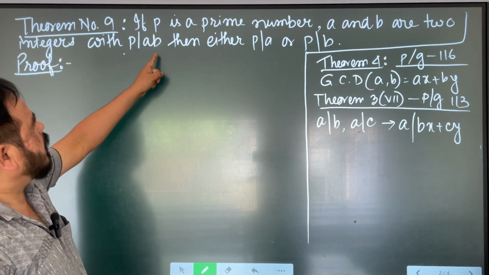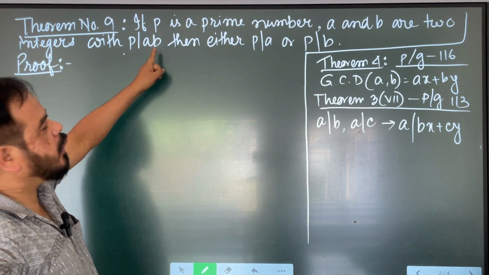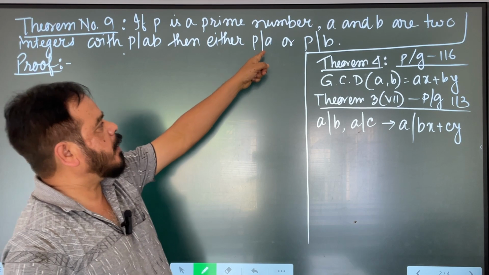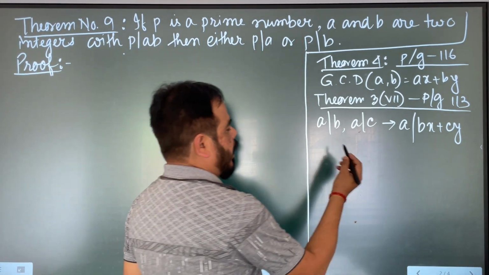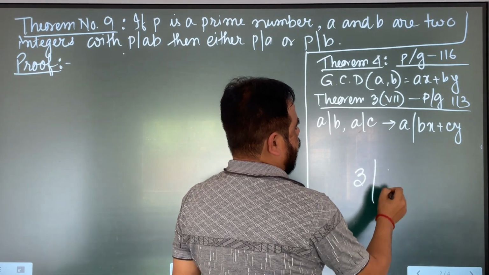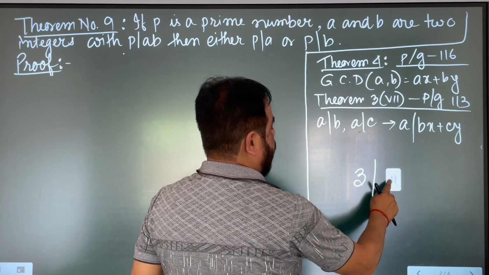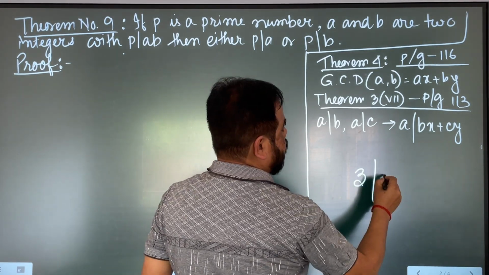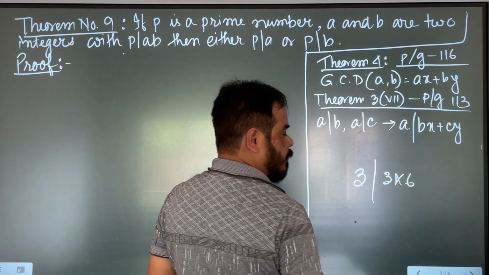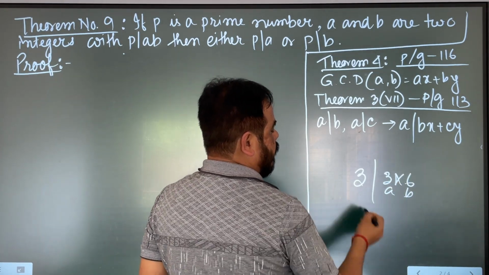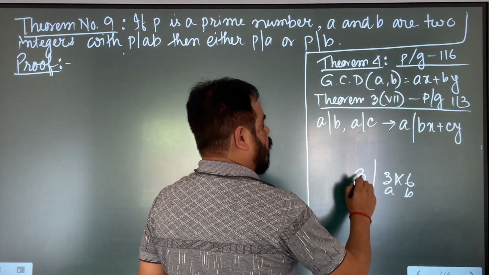Since P divides AB, that means A into B, surely P will divide A or P will divide B. Because it is like this, 3 divides 18, or we can write 3 divides 3 into 6, like AB. 3 divides AB. So 3 will divide A, 3 will divide B also.